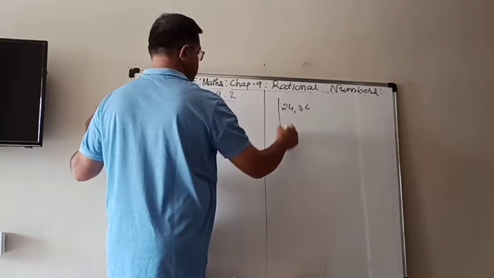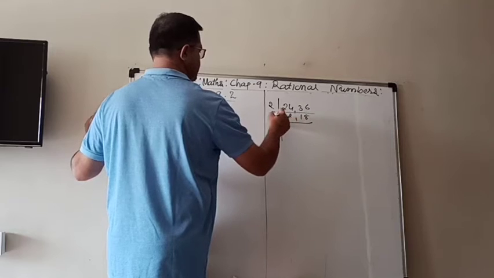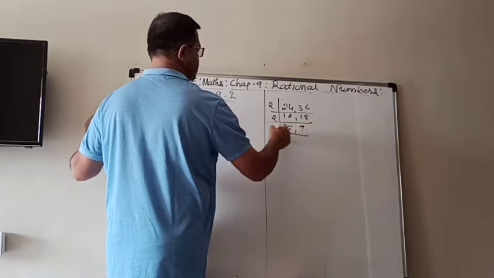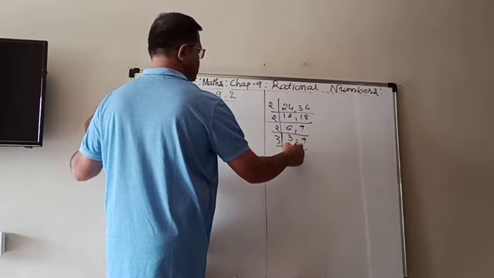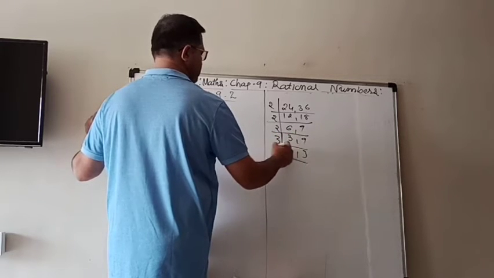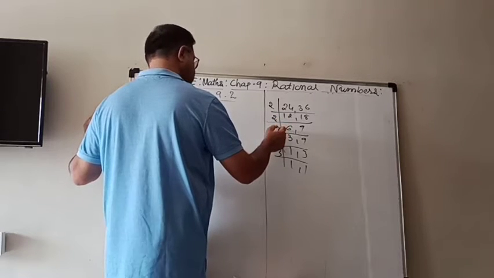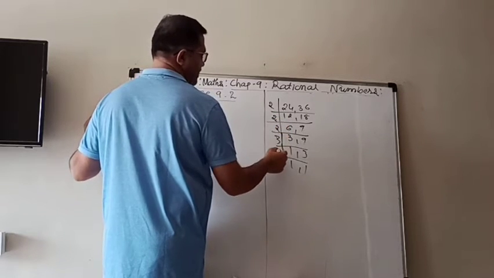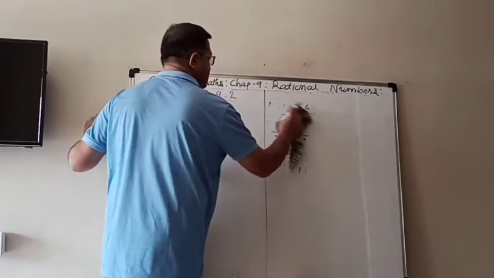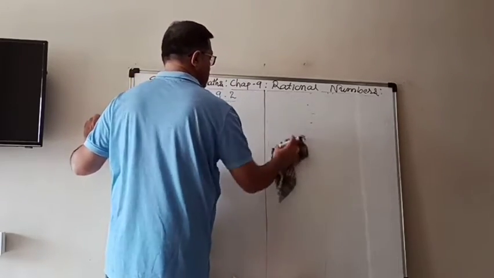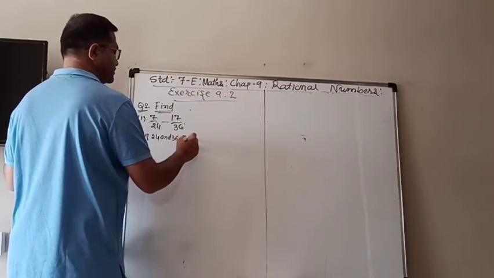24, 36, divide by 2: 12, 18; by 2: 6, 9; by 3: 2, 3. So 2 2s are 4, 4 2s are 8, 8 9s are 72. So the LCM will be 72. If you don't know, you can do it like that.